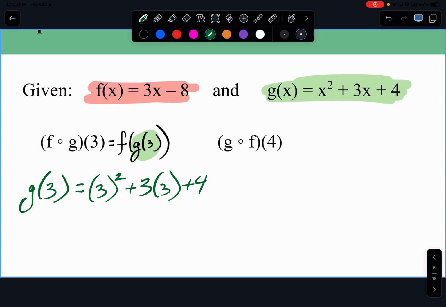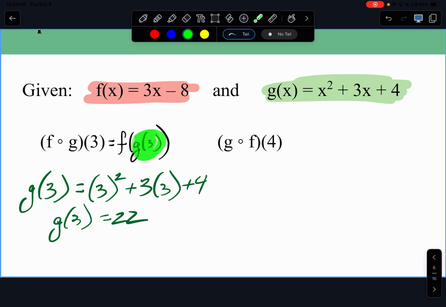And now we just do the math. 3 times 3, 9, and then plus 9. And then plus 4 is 22. So I know now that g of 3 actually equals 22. So now I know what this value is in the middle. Now I know that this right here, g of 3, is actually equal to 22. Right?